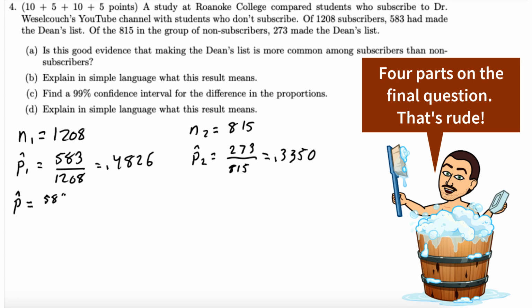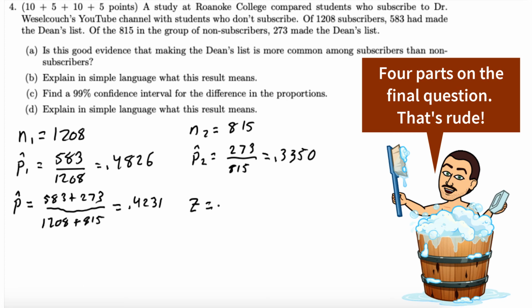And then the pooled proportion, which we call p hat, is if we group everybody together, subscribers and non-subscribers come together in harmony. We get 583 plus 273 over 1,208 plus 815, which works out to be 0.4231.